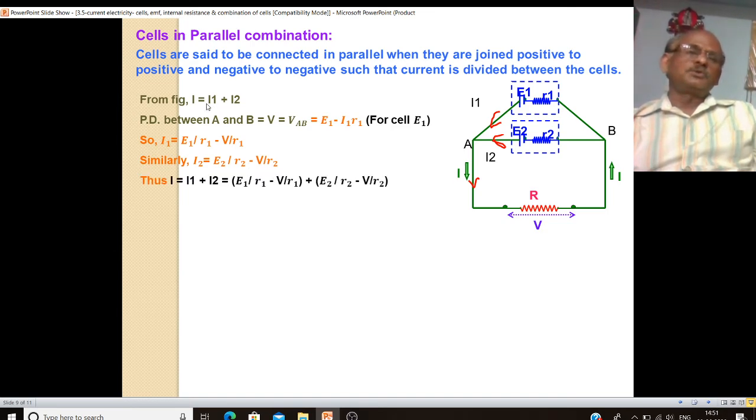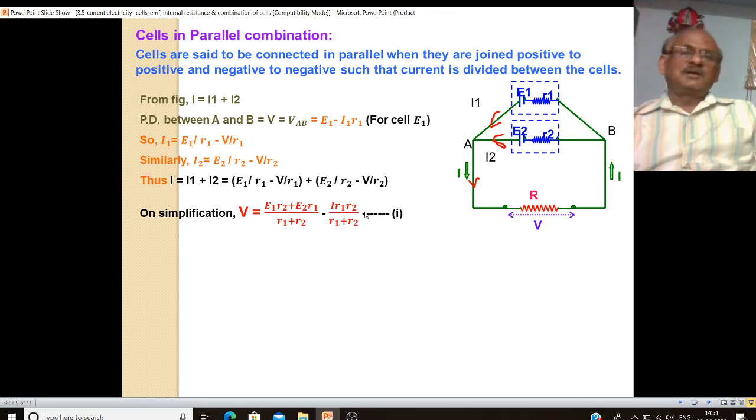If we substitute the values of I1 and I2 in the first equation, that is I equals I1 plus I2, and simplify a little, we will find V equals (E1 R2 plus E2 R1) by (R1 plus R2) minus I R1 R2 by (R1 plus R2).